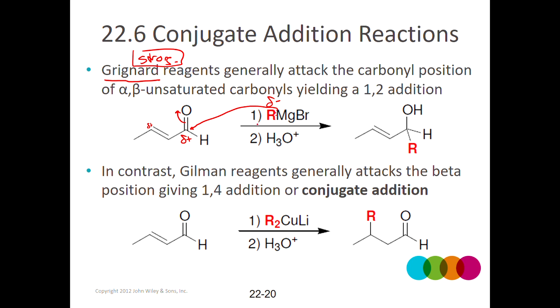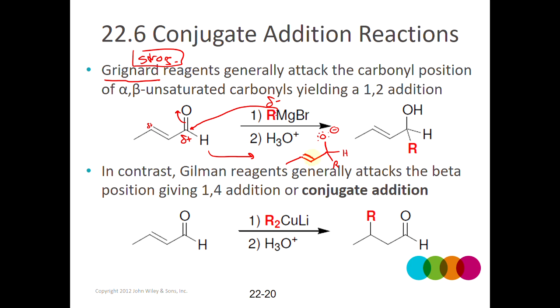So the Grignard is so strong that when it attacks there, it does so because of the attraction, and it's just much more likely to collide there, despite the fact that the immediate intermediate that forms is not stabilized by resonance.